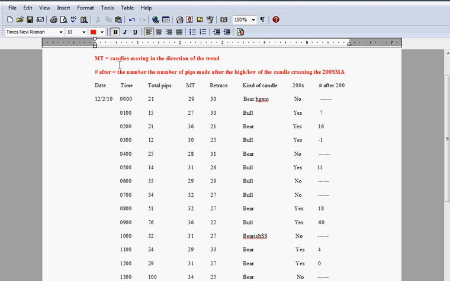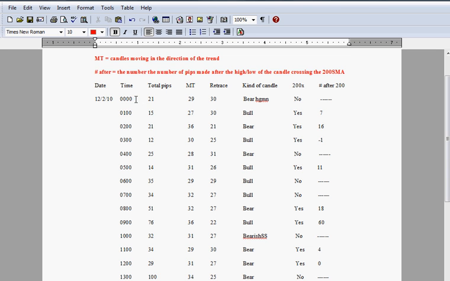Now, this MT equals candles moving in the direction of the trend. The number after equals the number of pips made after the high or the low of the candle once you got the cross of the 200 SMA. So this was the same date I was showing you, 12/2/10, December the 2nd. The time is 0000.